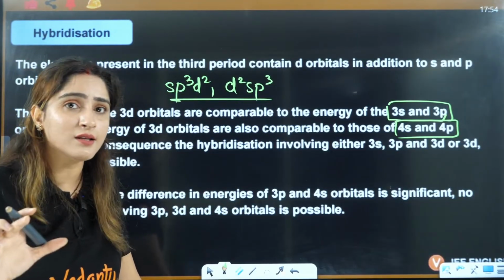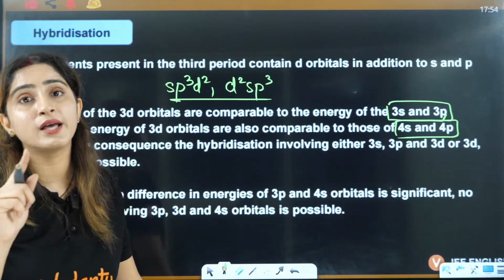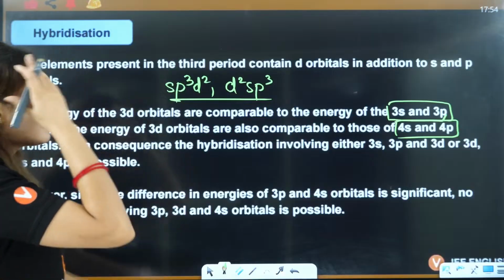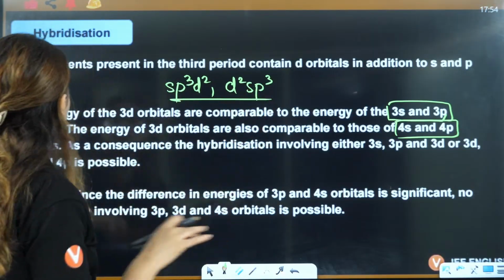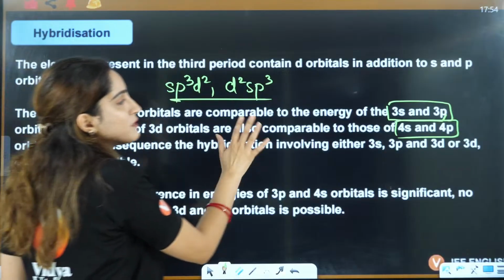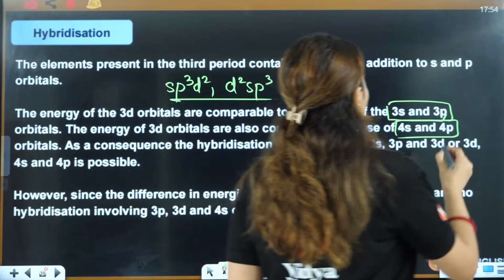What is the reason? Because assertion-reasoning questions can be asked based on this, right? All these important lines are from your NCERT. Right, the energy of 3d orbitals is comparable to 3s, 3p. In that case, what will you have?